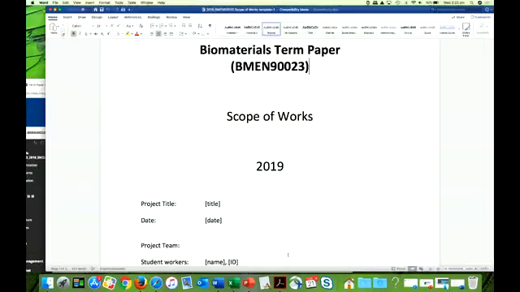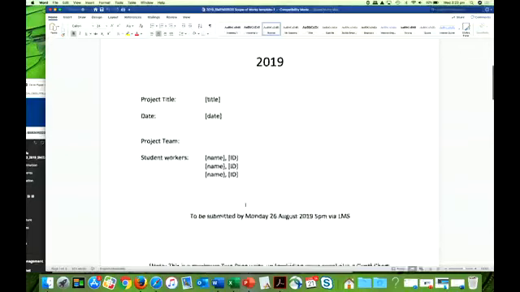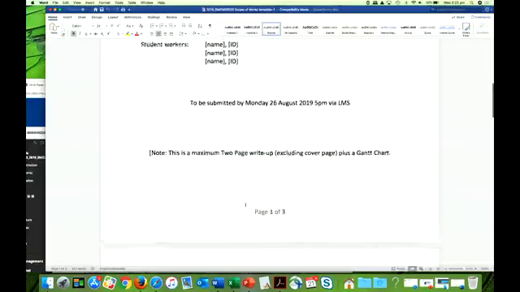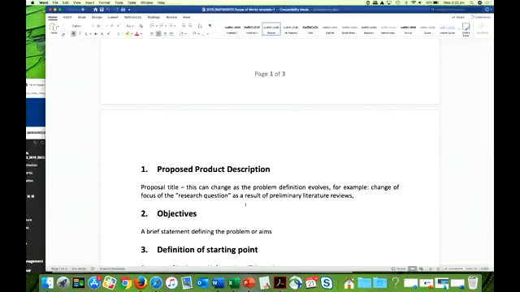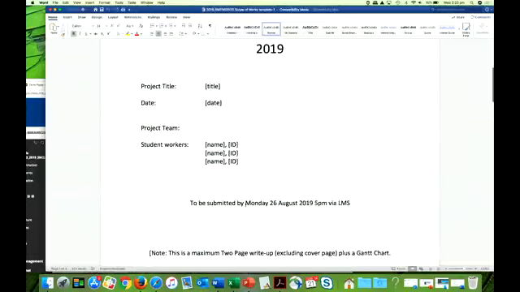Now, very quickly, the scope of work. We have written here what is expected: a 2-page write-up. Can I just say something? Please put the people in your group, because when you do your presentations, that's how we're going to work out who is presenting, who is in what group, and then allocate your days.